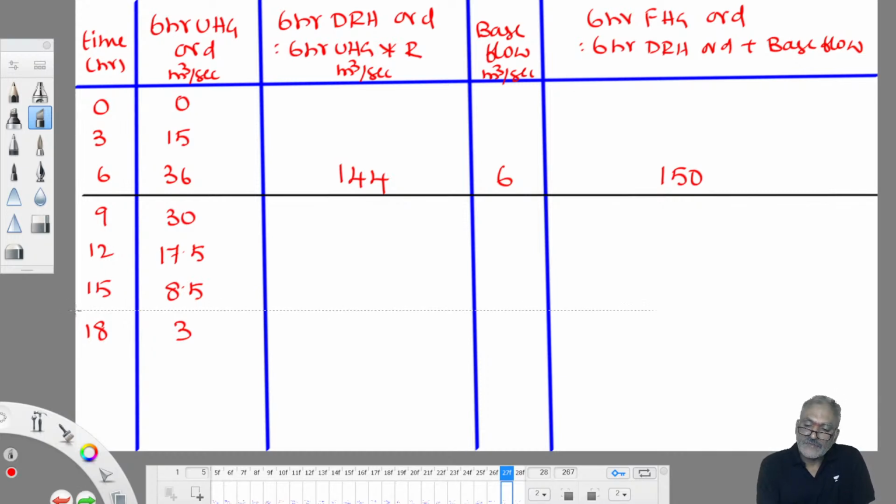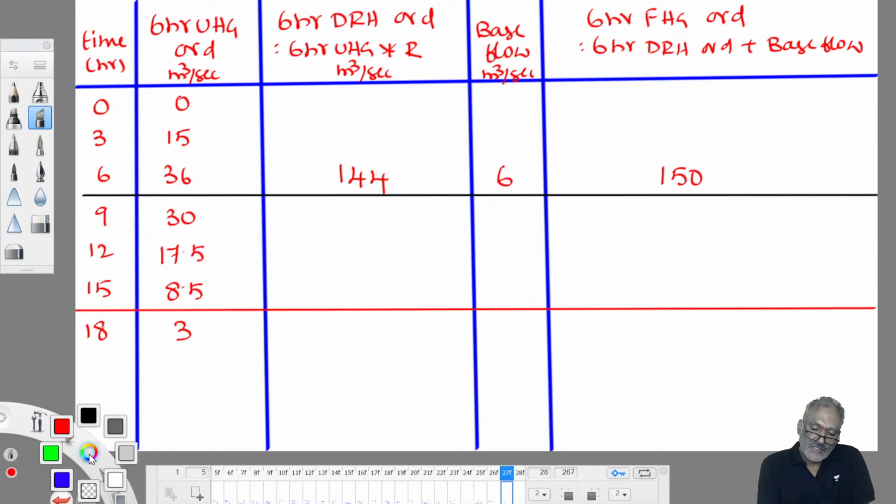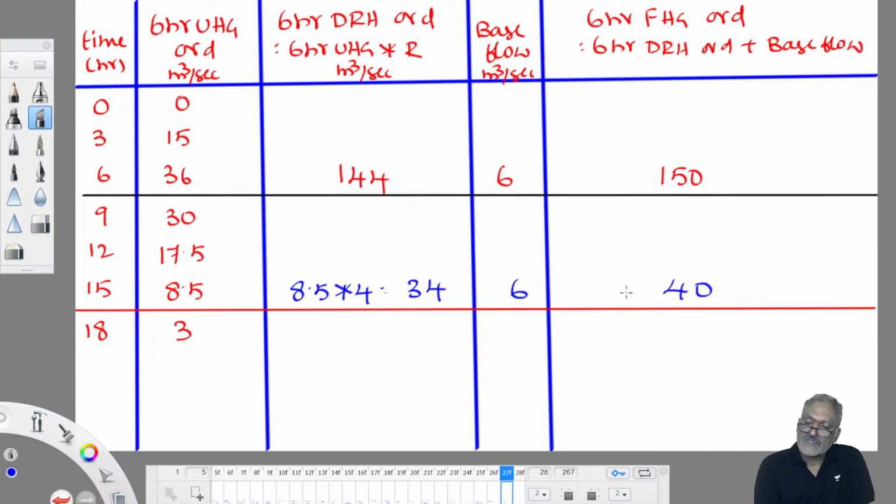The stream carries both direct runoff as well as base flow.